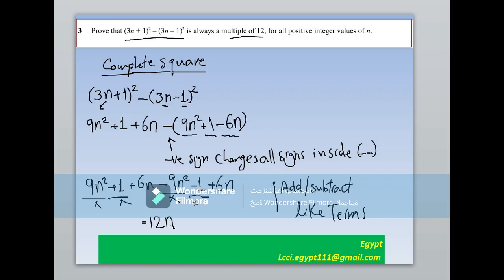This term has 12, this is a multiplication. So n is multiplied by 12. So this term is a multiple of 12. Let's see another question.